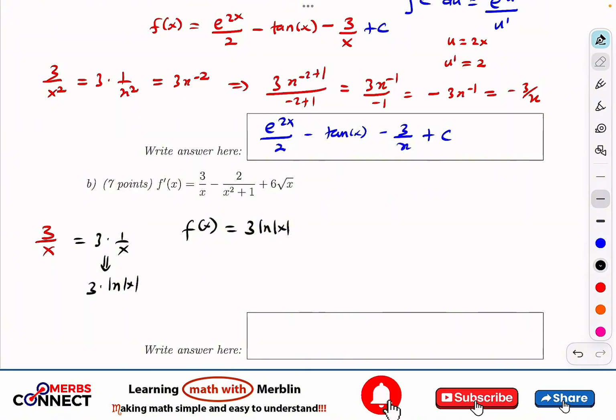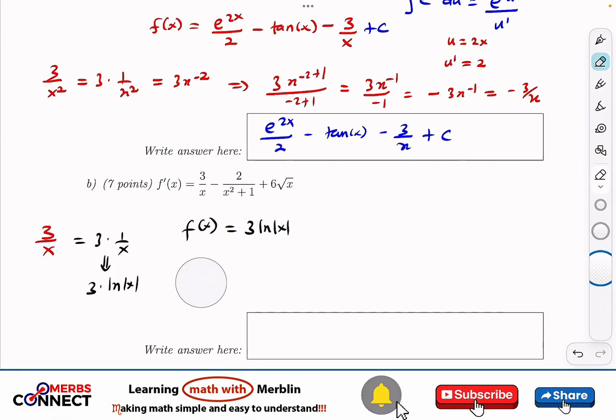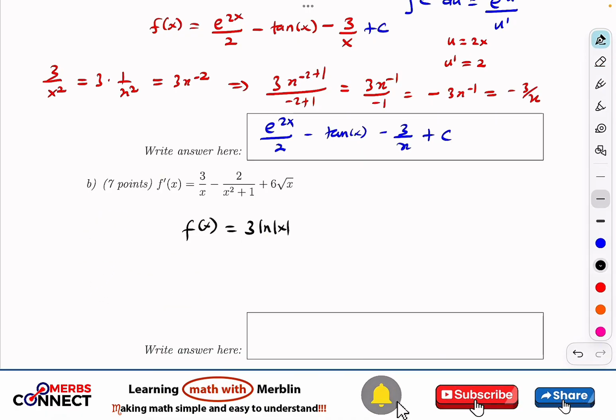Now let's move to the next one. So the next one is we have minus 2 divided by x squared plus 1. How can I write this? Now I can see some function here. So I'm going to write this one as minus 2 times 1 divided by x squared plus 1.